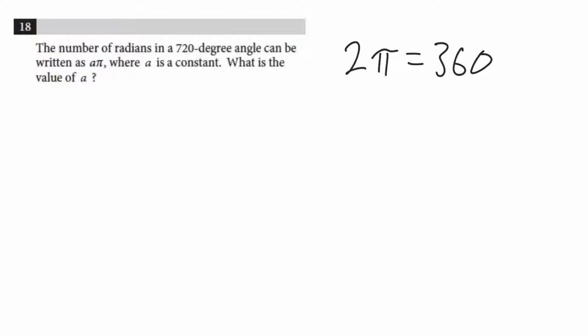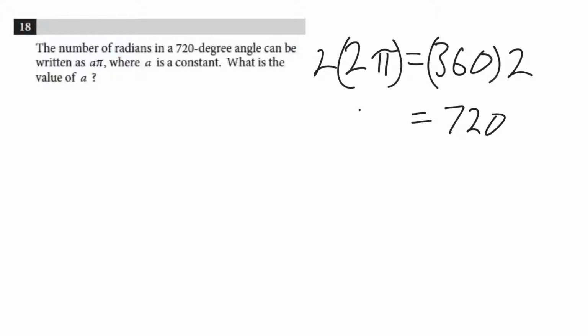Therefore, 720 divided by 360 is going to be 2. So if we multiply both sides of this by 2, we'll get 720 on the right, and 4 pi on the left. So the value of a is 4.